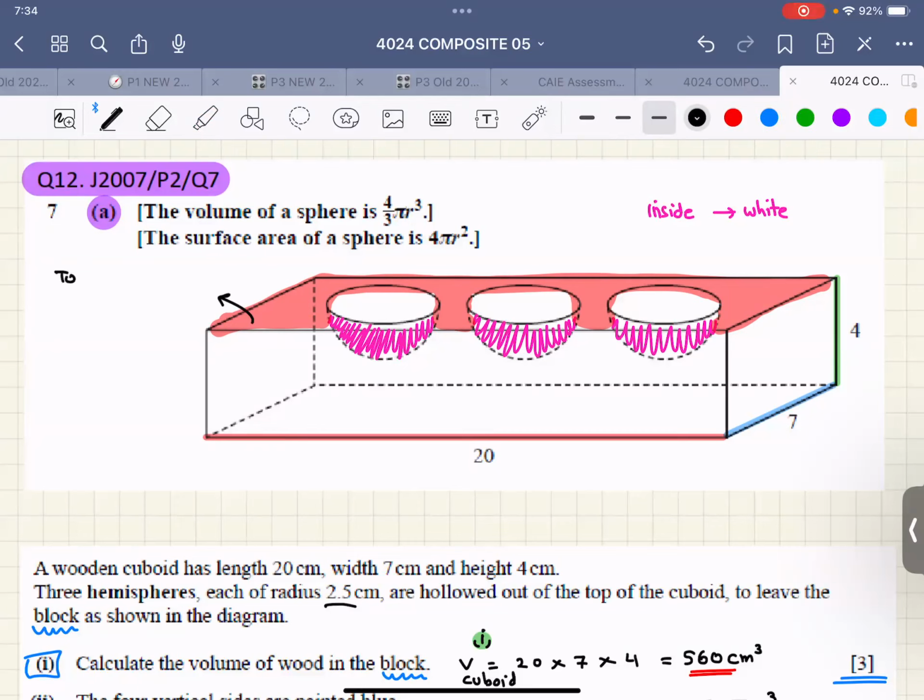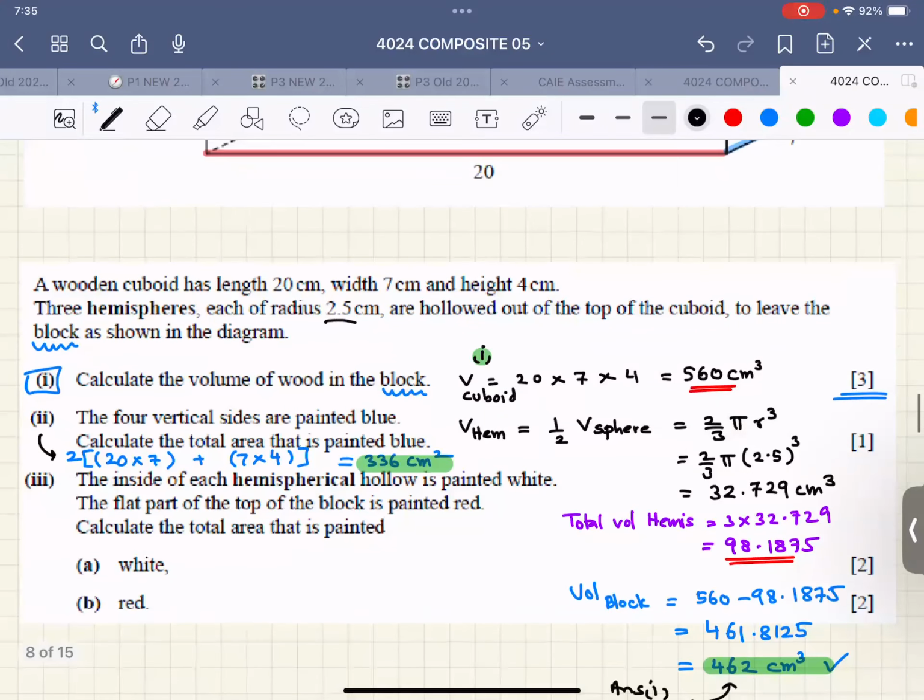The top area, the rectangle, that is 20 times 7. And one more thing, I think I made a mistake. This one is 20 times 4. This is not 7. That will change.